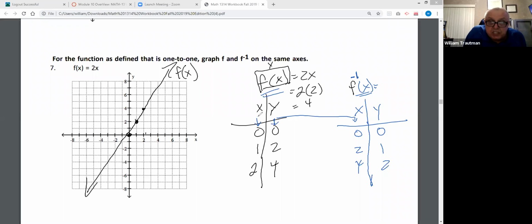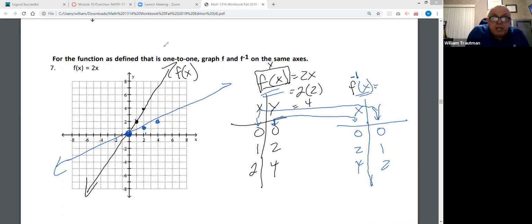So let's graph this in blue: 0, 0; 2, 1; and 4, 2.